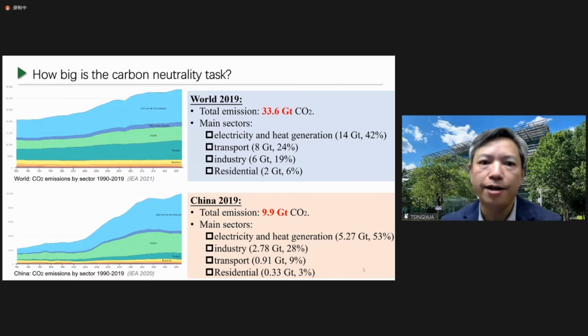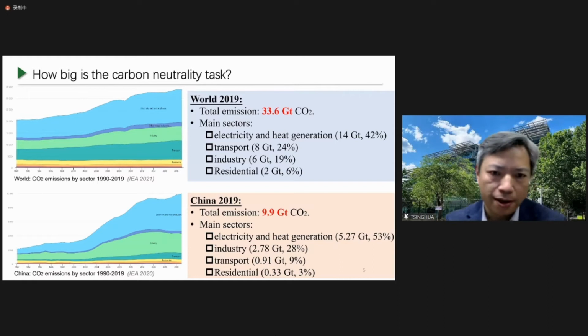If we look at China, China emitted 9.9 gigatons of carbon dioxide, accounting for about 30% of the world total. Among them, over 50% of emission is from electricity and heat. Then industry and transportation account for 28% and 9% respectively.